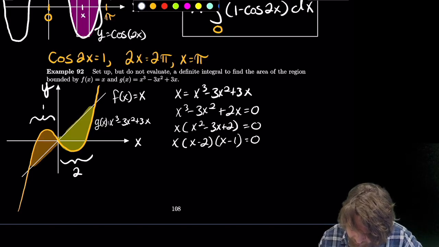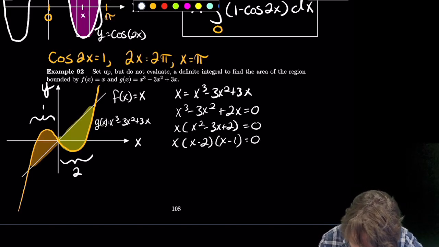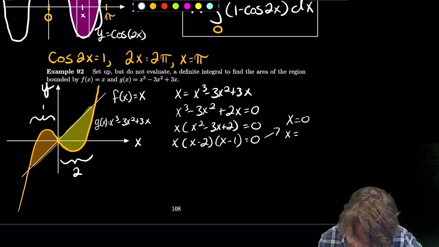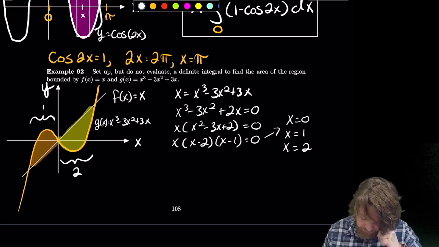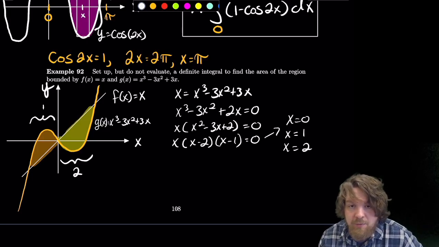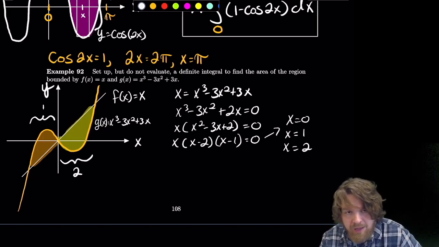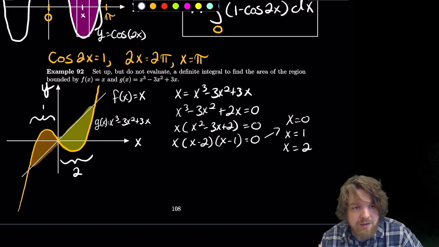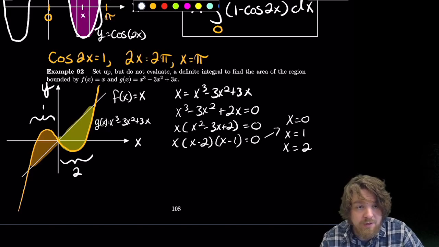What we end up with is x being equal to 0, x being equal to 1, and x being equal to 2. Ooh, so that changes a couple of things, right? I had my picture set up almost correctly, except I do need to move a few things around.